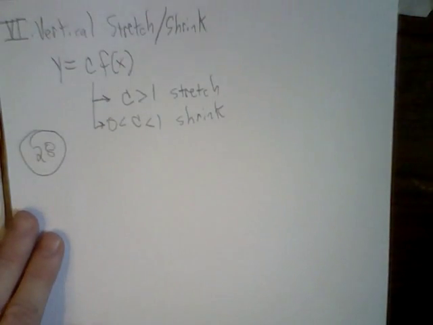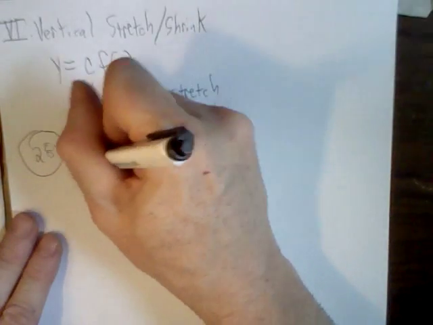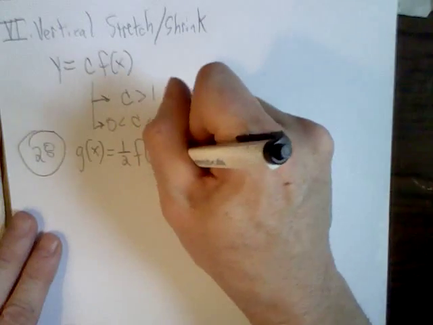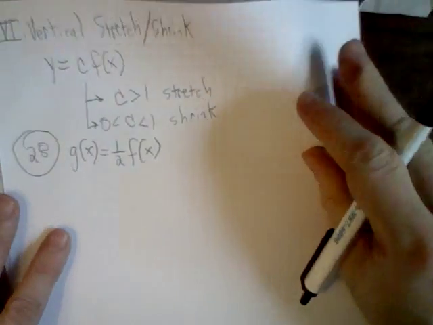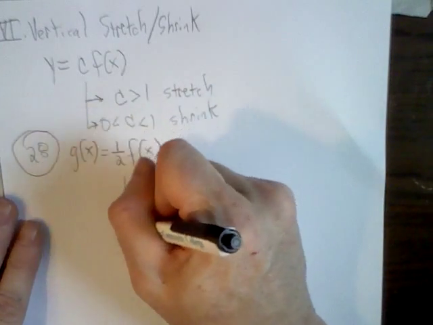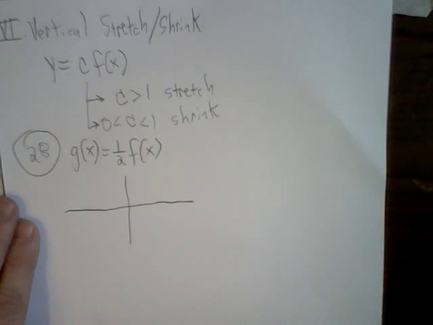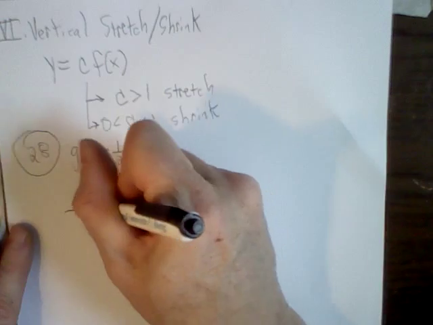They want you to draw 1/2 of the original function, which is similar to the last function we were drawing, just the upside down version of it. Looks like it goes to 4, 1, 2, 3, 4.